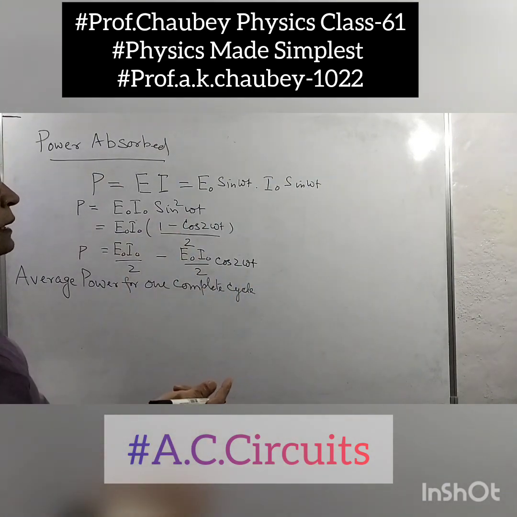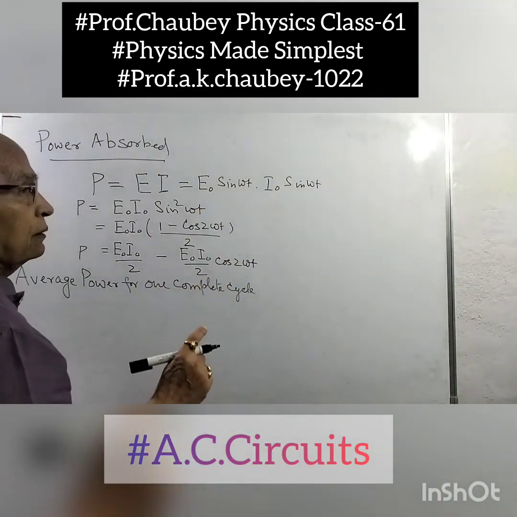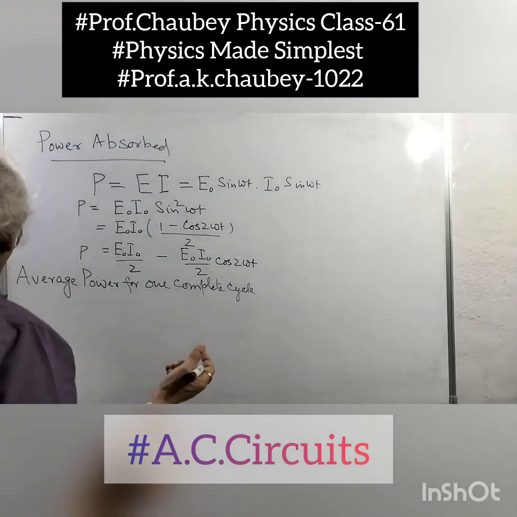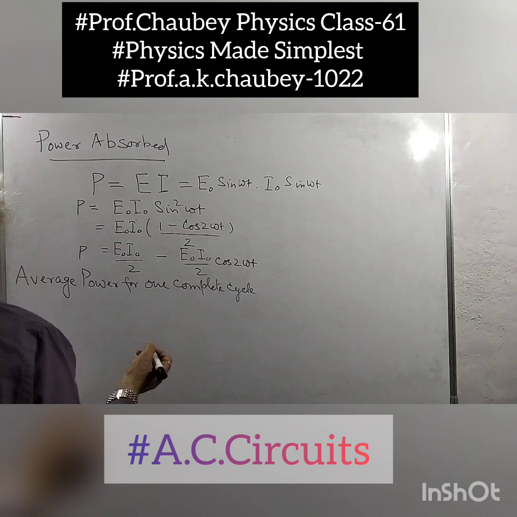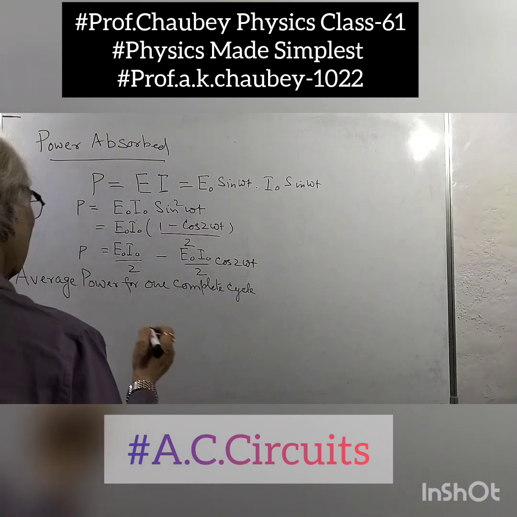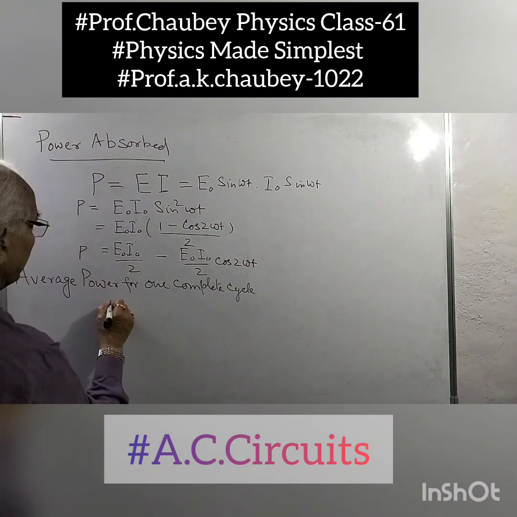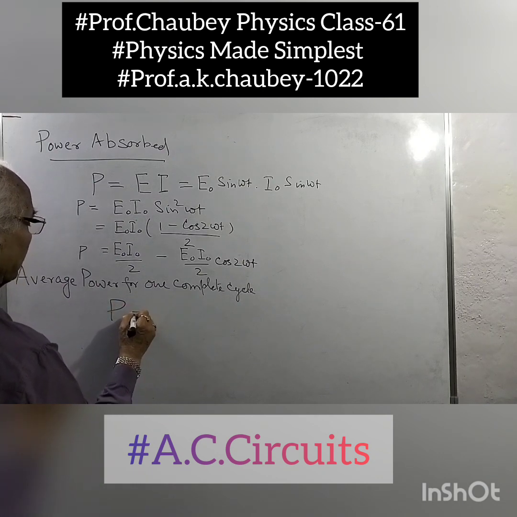One complete cycle means from 0 to 2 pi angle.